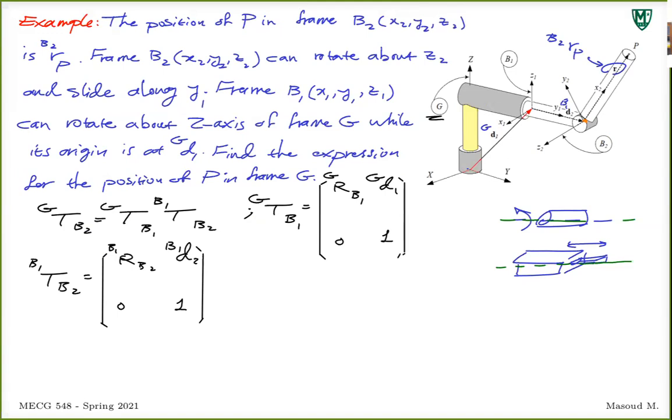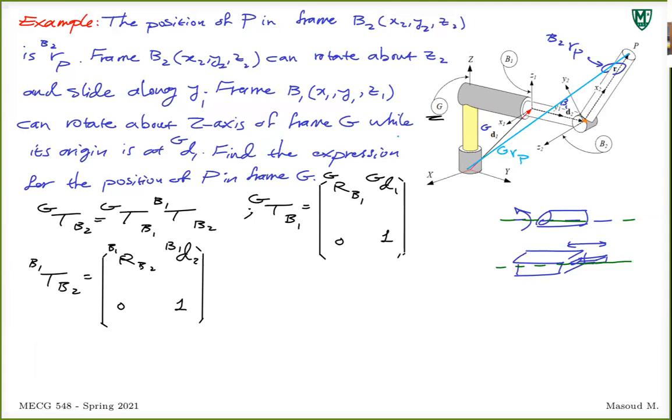I want to find this, RP in G, global coordinate. So what I need to do is find a transformation matrix that can transform any coordinate from B2 to G. How do I do that?